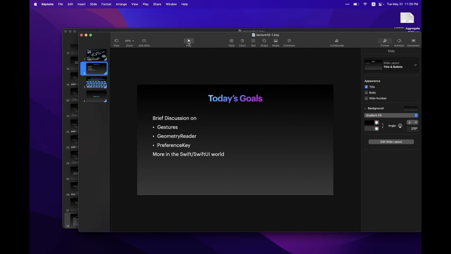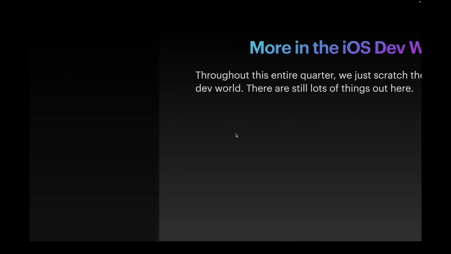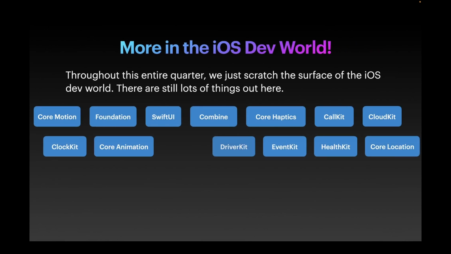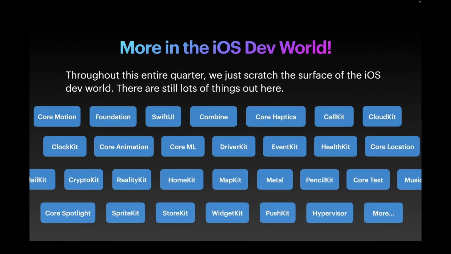And yeah, now let's take a look at all the other things in the SwiftUI world, in the Swift development world, and it actually concludes to the end of this quarter. Okay, so as you can see, we touched the surface of SwiftUI, the foundation.